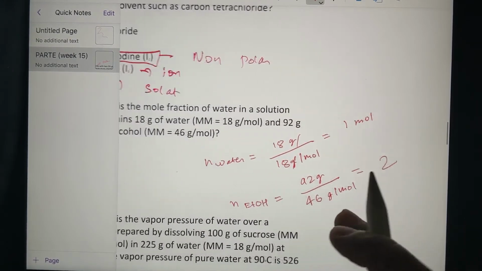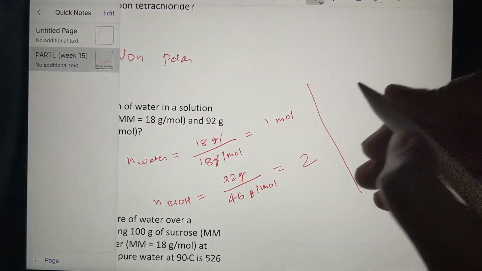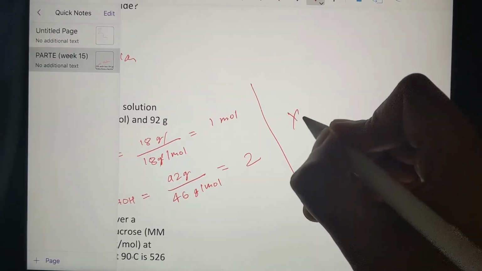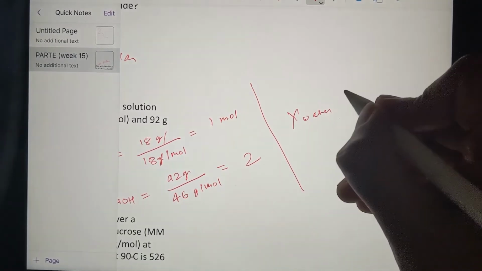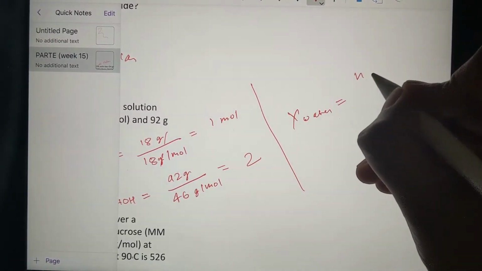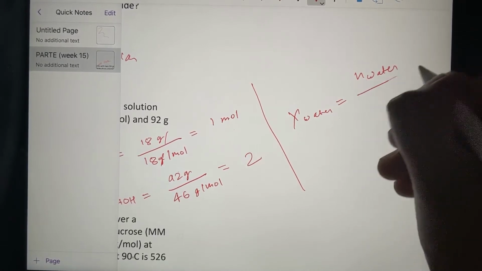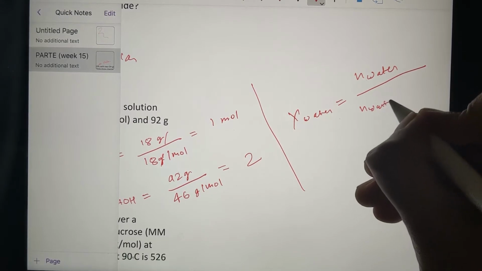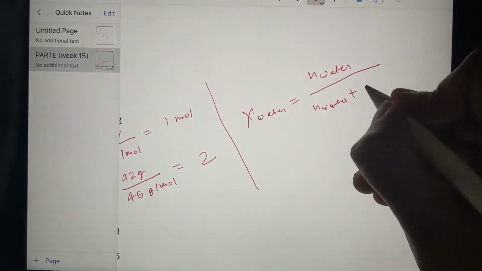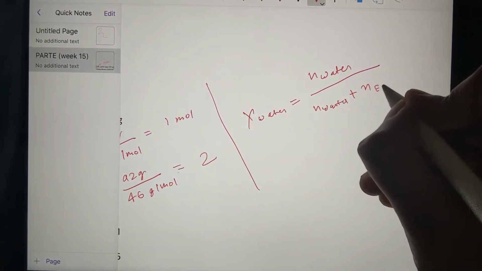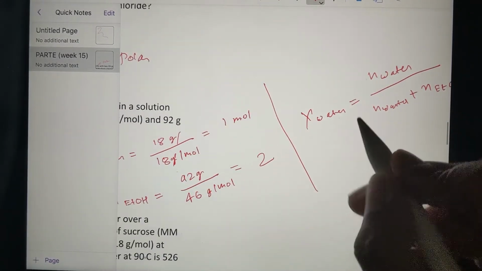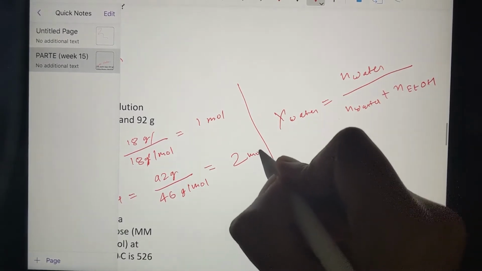So to find the mole fraction of water, which is, let's say, denoted by this, is going to be the number of moles of water divided by number of moles of water plus number of moles of ethyl alcohol. So you calculated this, so it's going to be from here.